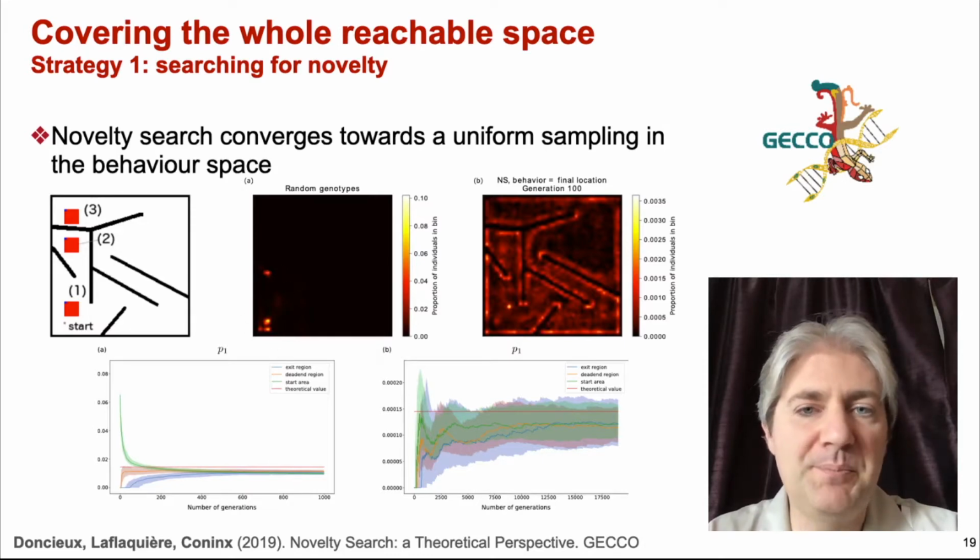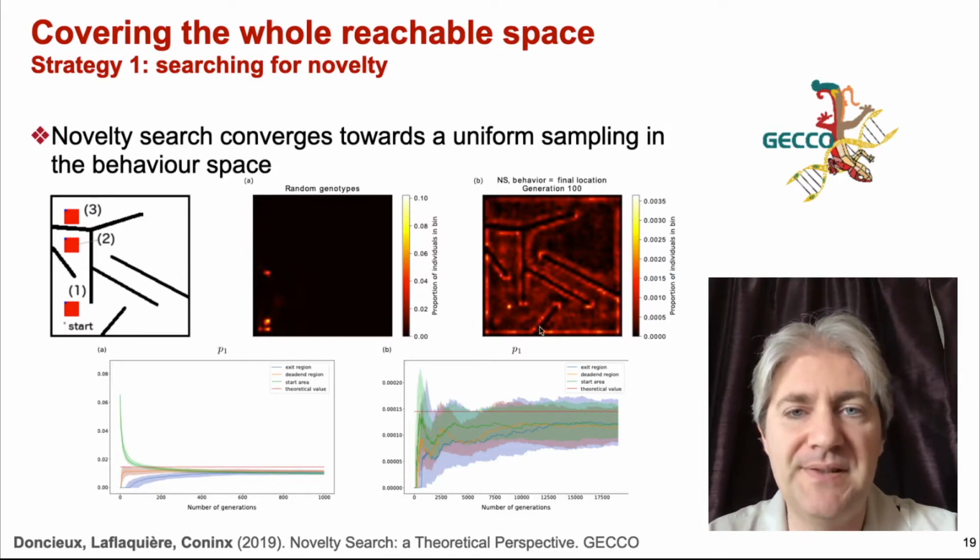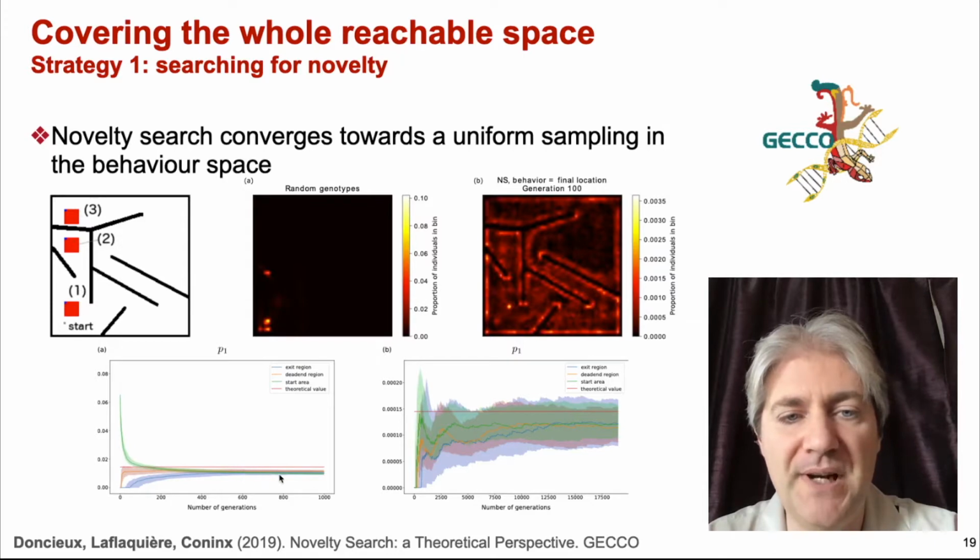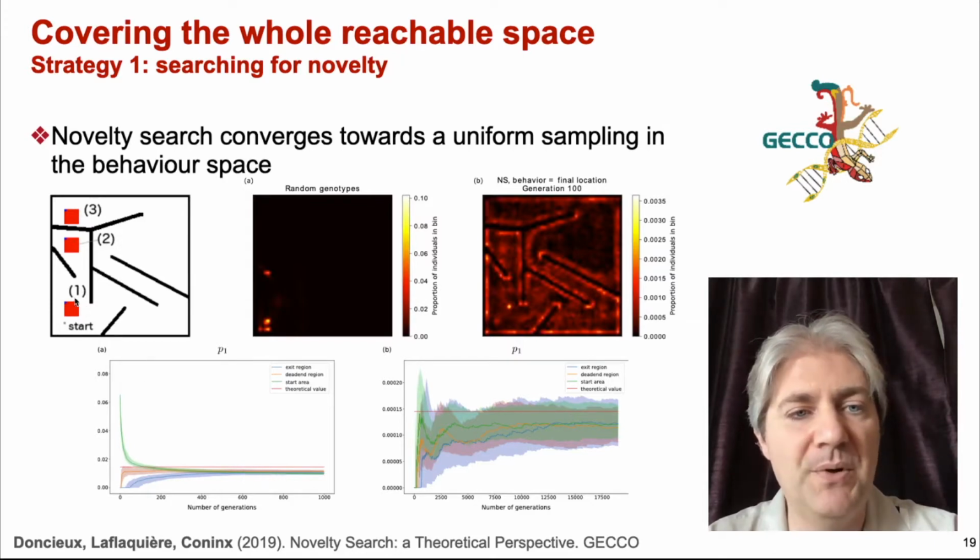But if we explore using novelty search, then what we observe is something that is much more uniform over the space of possible behaviors, which is very interesting. And if we observe the number of samples generated in each of those different red squares, we observe that the numbers converge to the same values, which means that after a while, we have generated the same number of samples near the starting position, in the dead end, and near the exit here.